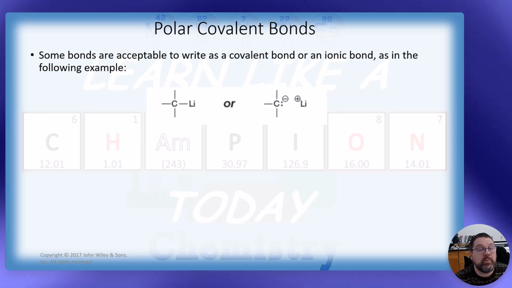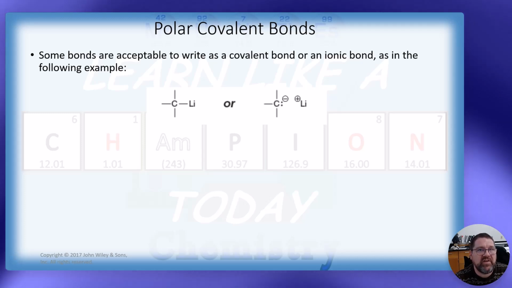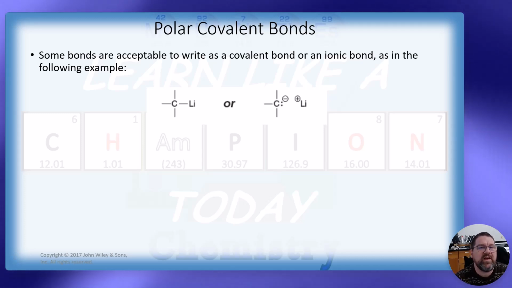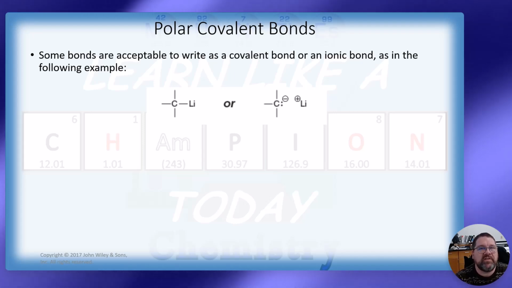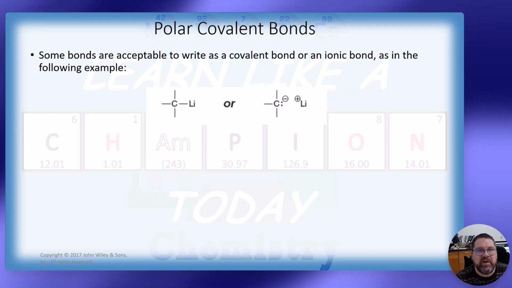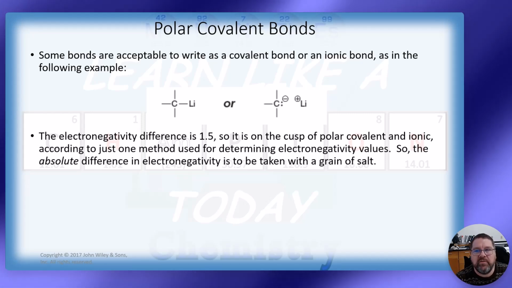When you look specifically at the electronegativity values, you can see that sometimes it might very much border on the polar covalent spectrum of things in terms of chemical bonding. So in those instances, it's generally accepted to see it written in either of these ways.